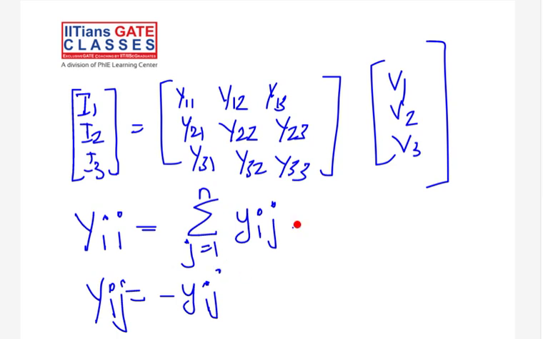So see what happens is that in a question they may not say Yii, they will say self admittance. All right.